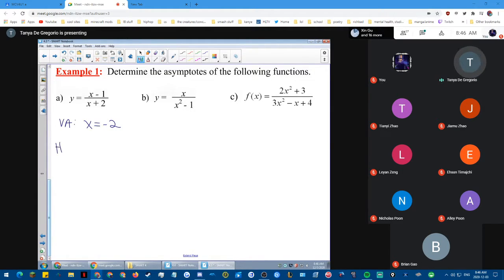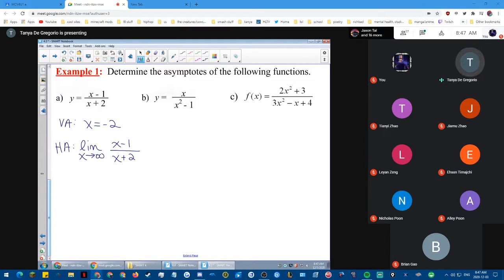Now, for the horizontal asymptote, we're going to take the limit as x approaches infinity of your function. So how do we do this? We are going to divide by the highest power of x. When I look at this function, I can see that my highest power of x is x to the exponent 1.